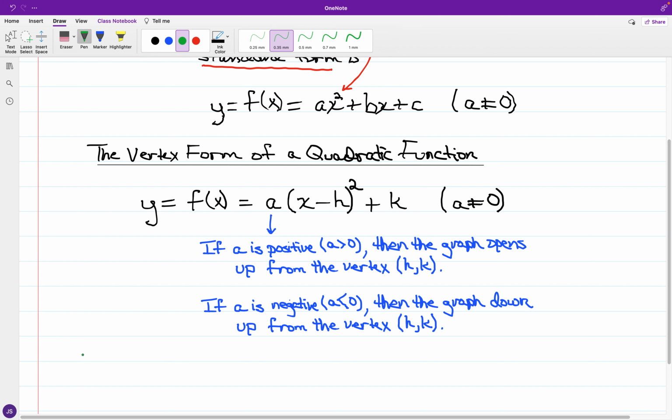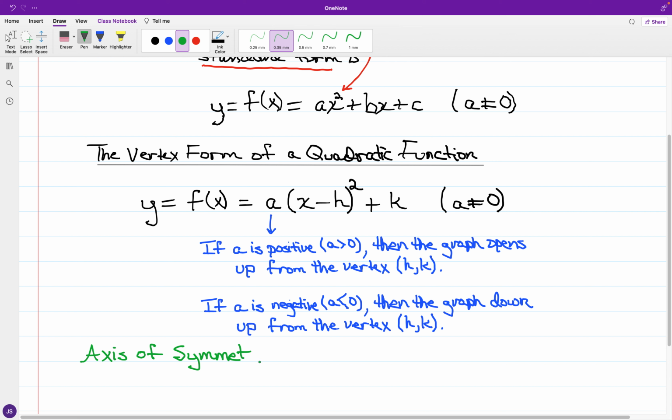You're going to have a visual dividing line that will split the halves of the graph of a quadratic function, and this is what is referred to as the axis of symmetry. Kind of like the other week when we looked at even functions, you had the y-axis happen to be the axis of symmetry.